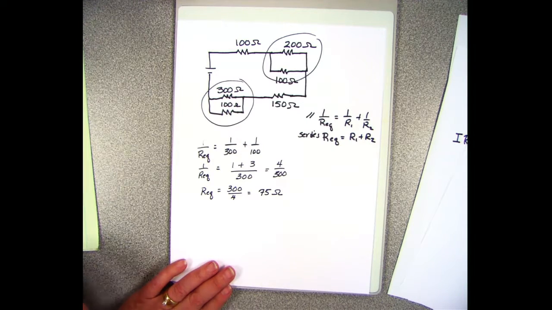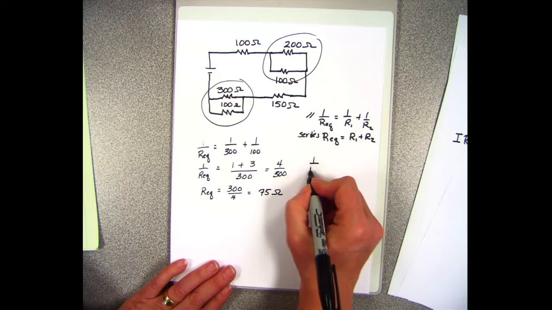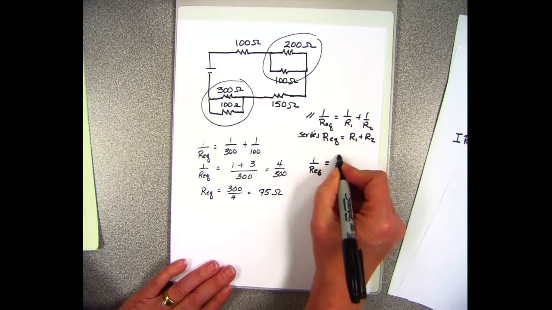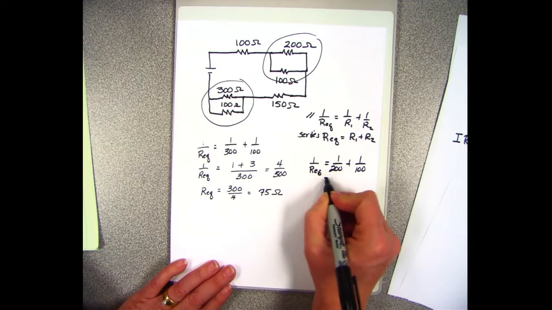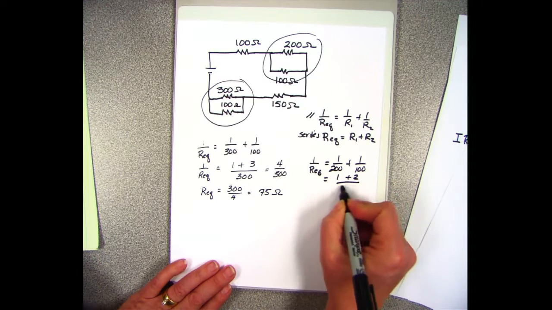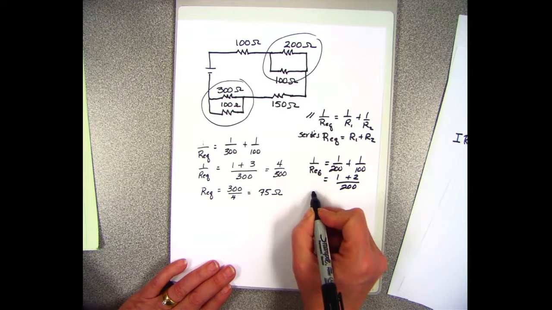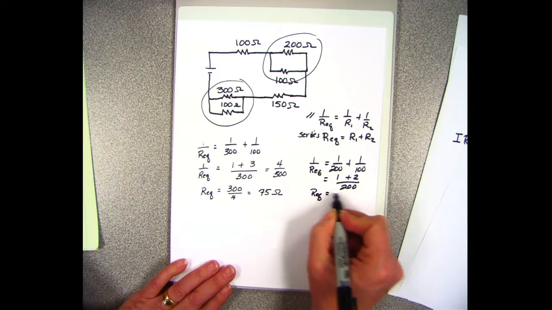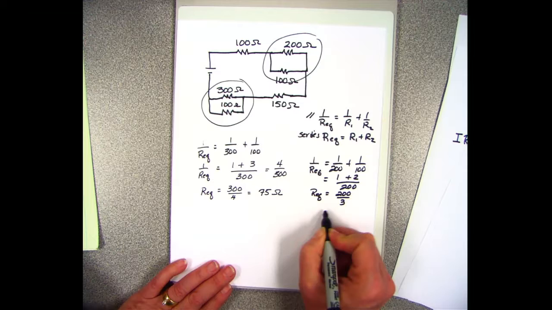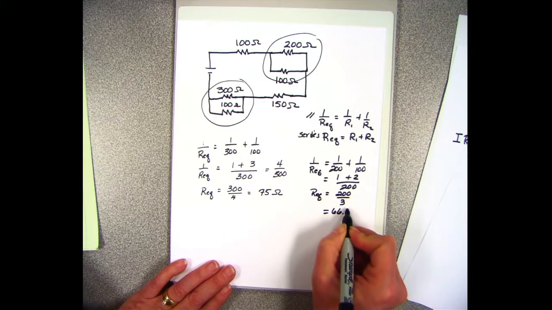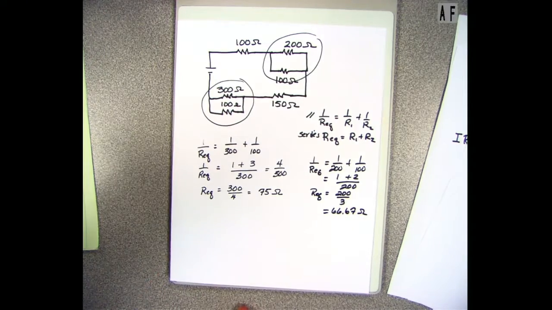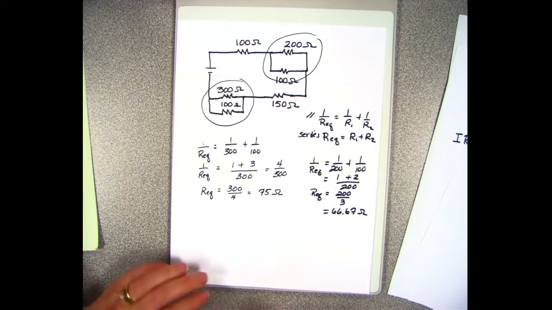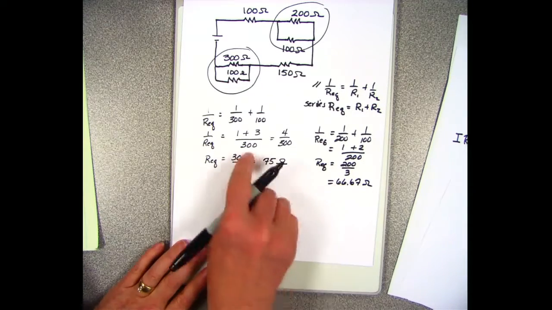I'm going to do the same thing for the other one. 1 over REQ is equal to 1 over 200 plus 1 over 100, which gives me 1 plus 2 over 200. Now REQ is going to be 200 divided by 3, which gives me 6.67 ohms.